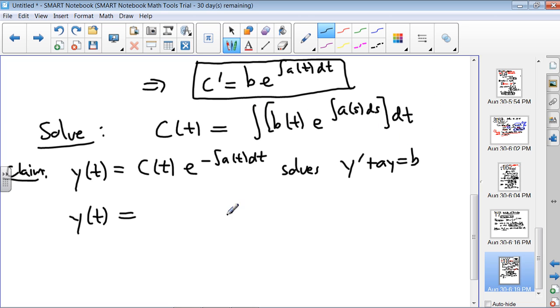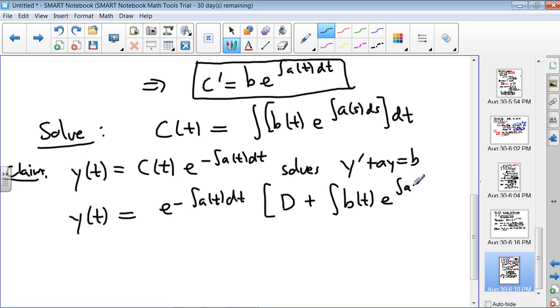So let's go ahead and just add that in, since we know that's where we're going to get. Let's go ahead and use D instead of C, so we don't have too many C's. All right. So this is what we get. This is our e to the minus a of t dt. That's still there. And our c of t, we've now plugged in this entire expression over here.